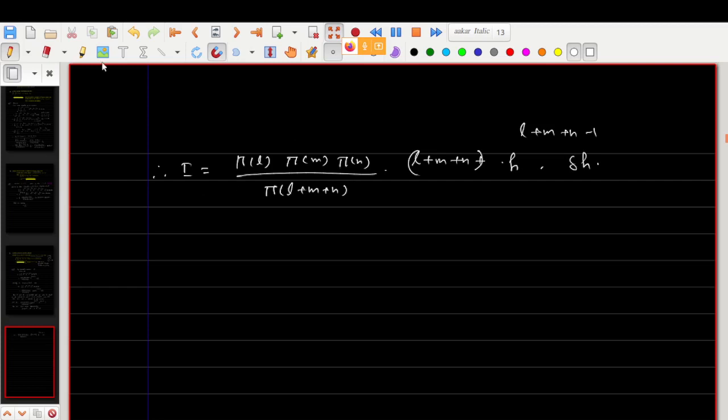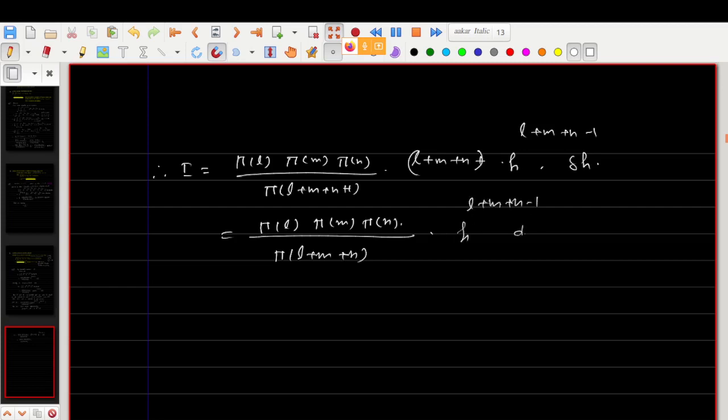But what is gamma of L plus M plus N plus 1? Gamma N plus 1 is nothing but N gamma N, right? So the rest of the terms will cancel out and it will be L plus M plus N minus 1, sorry, delta H, right?